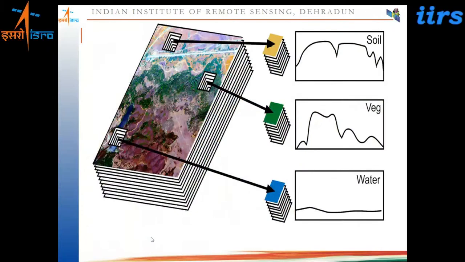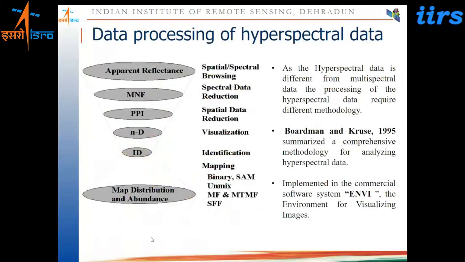Now let's come to the processing technique of the hyperspectral data. As I have already told you, and shown you, the differences between the multispectral and the hyperspectral data set. When we are dealing with the multispectral data set, we are capturing the data in the atmospheric windows.